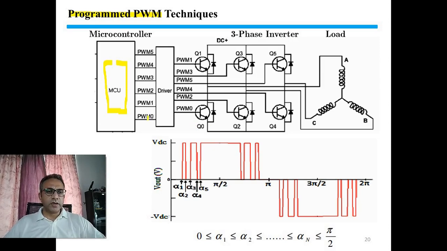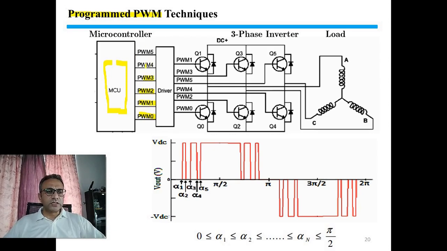So the flow of control will be that the microcontroller will execute a program. This program will be written by a programmer, normally the engineer. This program will produce 6 control signals. In our case, it is PWM0, PWM1, PWM2, 3, 4, and 5.